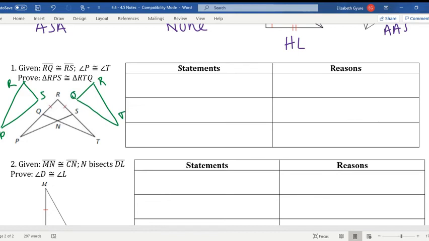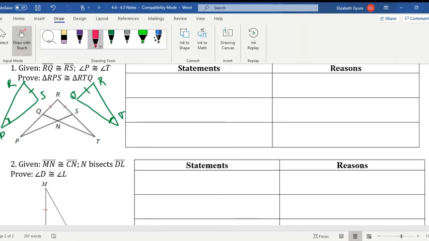And you're given that RS is congruent to RQ, and then angle P is congruent to angle T. So now, once you separate it, isn't it kind of easy to see that you have one set of congruent sides and one set of congruent angles? You just need either another set of sides or another set of angles to prove that these are congruent. Anyone see a place where they might have a set of angles or sides that work, Julia? Why?